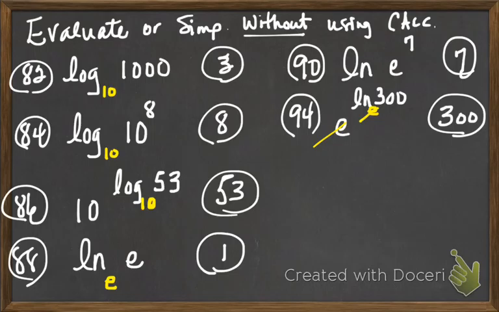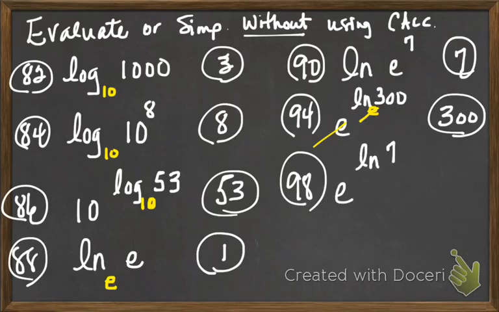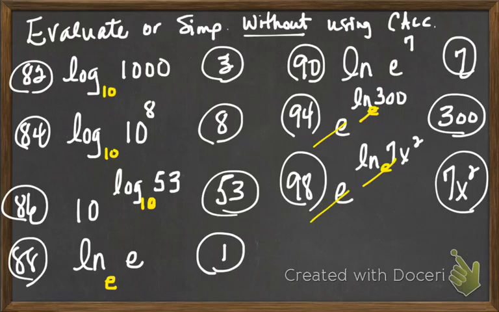Last one, 98. e to the ln of 7x squared. It's just 7x squared. The bases are the same. They technically cancel out, and you just get whatever is left.